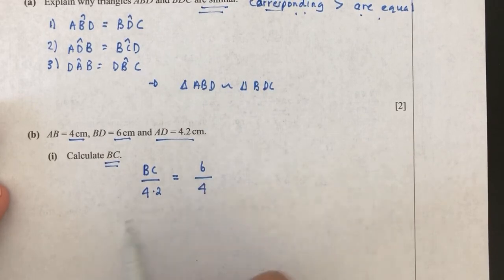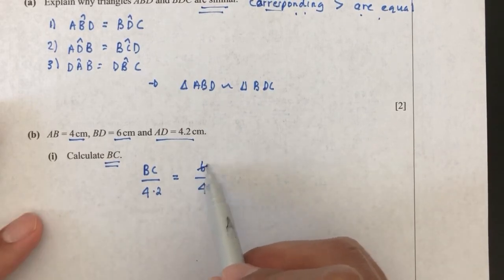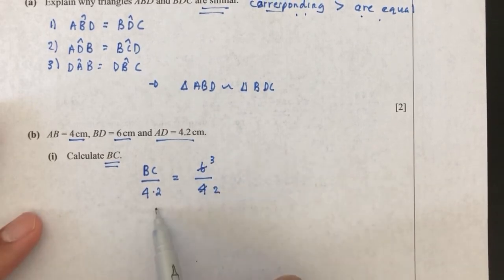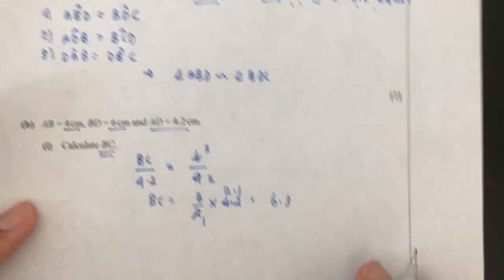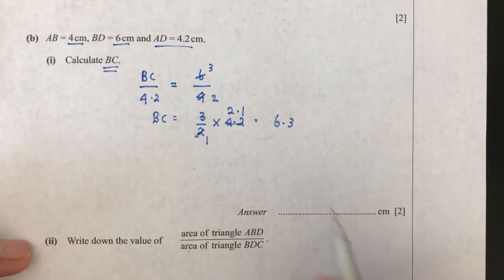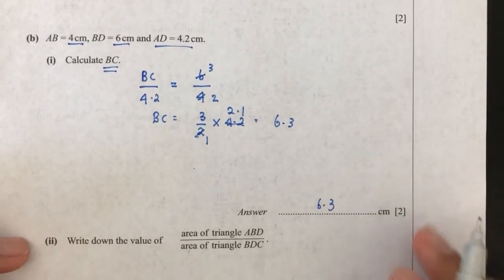Okay, so now we solve. Divide by 2, we have 3 over 2. BC will be 3 divided by 2 times 4.2. Divided by 2, we have 2.1. That will be 6.3. So the answer for part B will be 6.3.